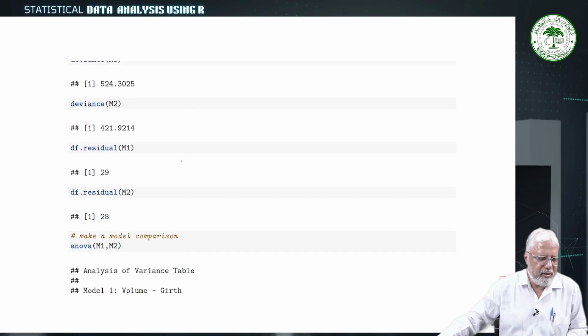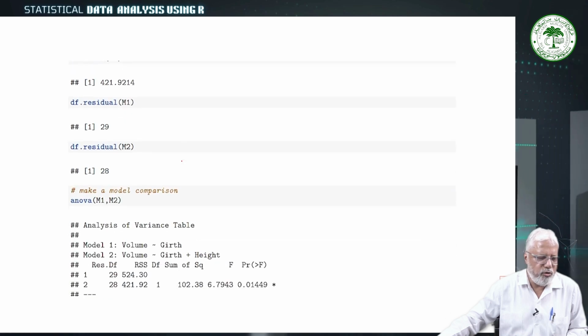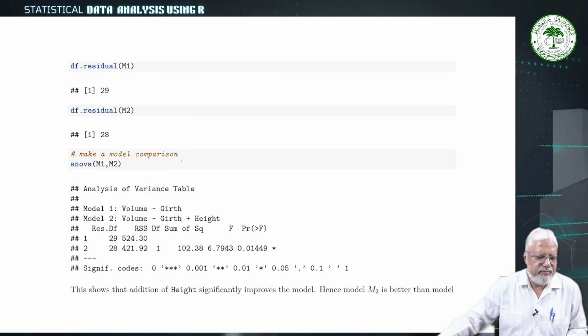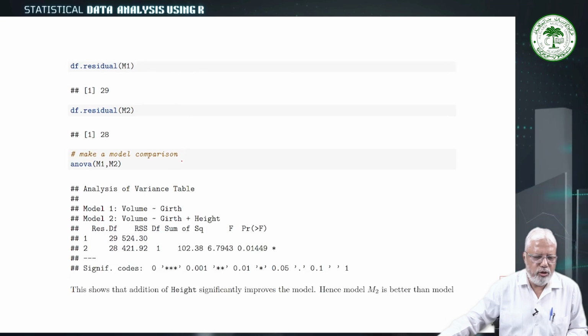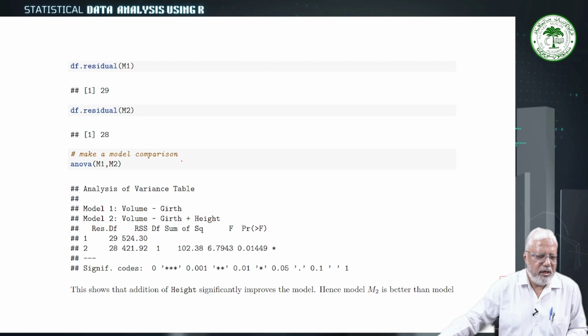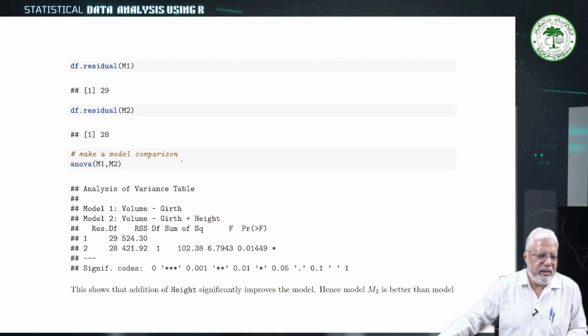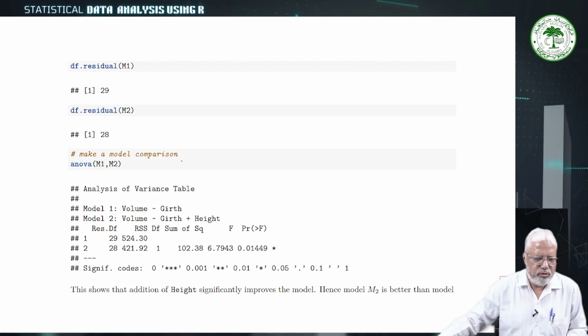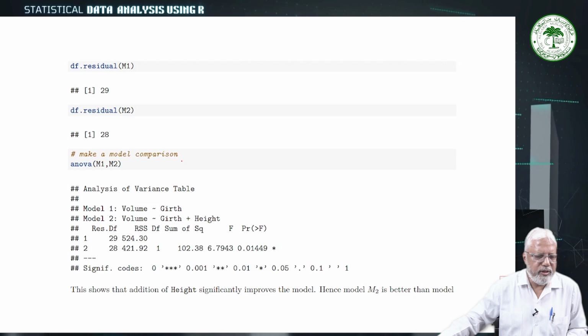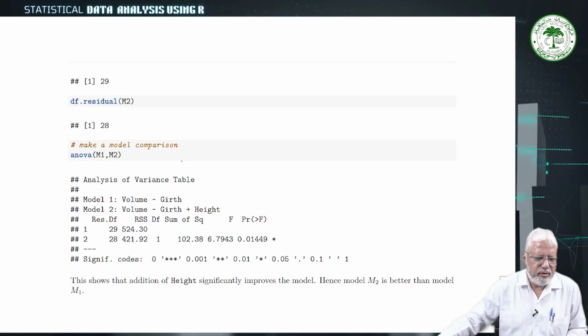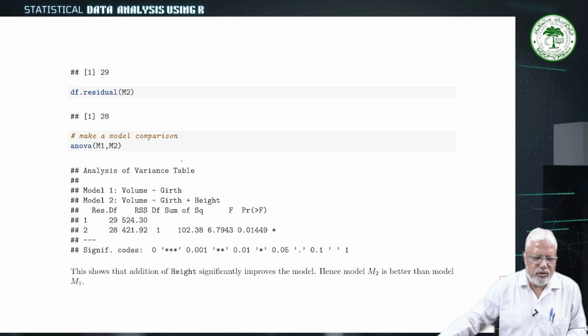So we make the model comparison by using the function anova. ANOVA compares two models where M1 is nested inside M2. So M1 inherits from M2. So here, model 1 and model 2.